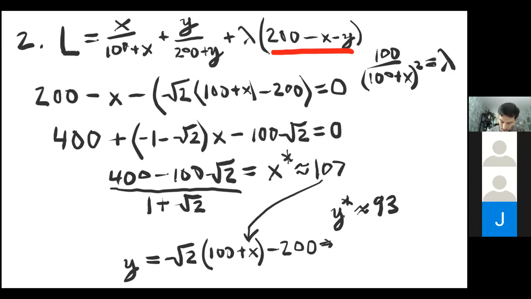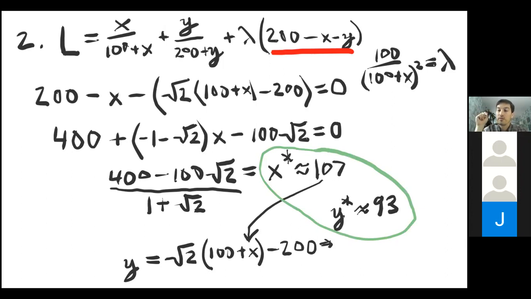I might make them green. You guys have some questions about how we got here? It's the same method as the previous problem. Write a Lagrangian. Write out the first order conditions. Solve for lambda and eliminate lambda. Then you have the two choice variables. Solve for one choice variable in terms of the other, and then eliminate that in the constraint.